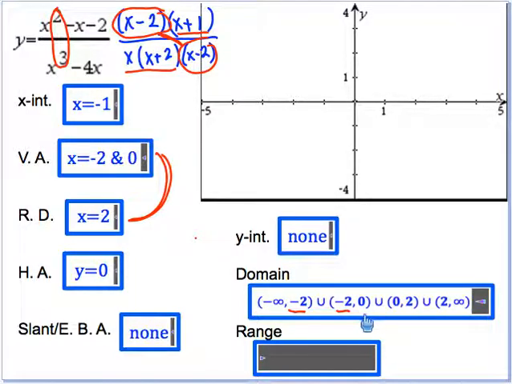And then 2 is your last number, okay? So you just have to plug in all your vertical asymptotes and removable discontinuity.